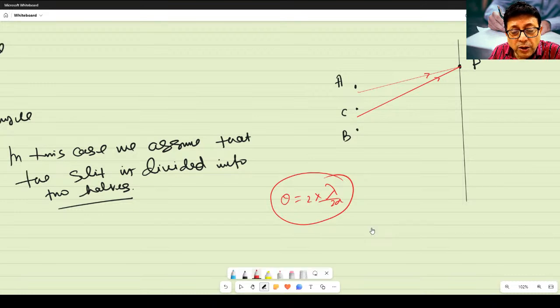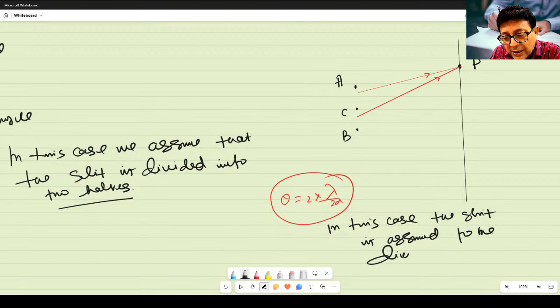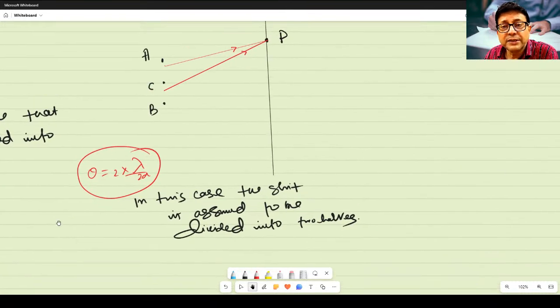A minima is formed at P. In this case, the slit is assumed to be divided into two halves. Which two halves are there? That is AC and CB.